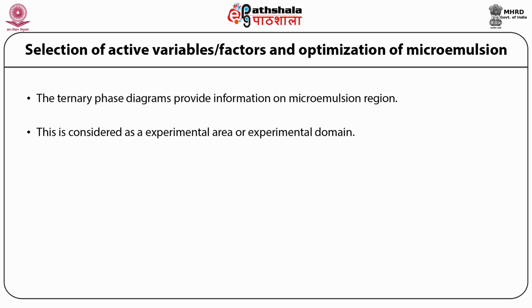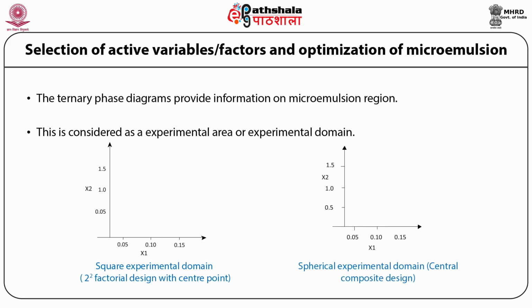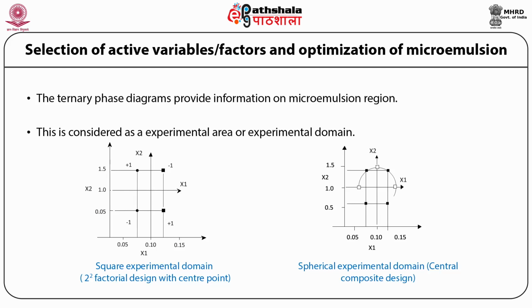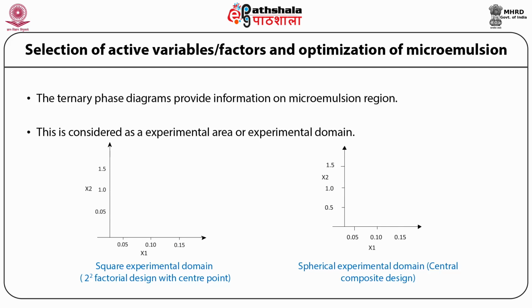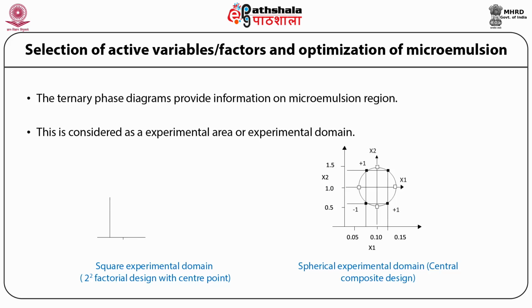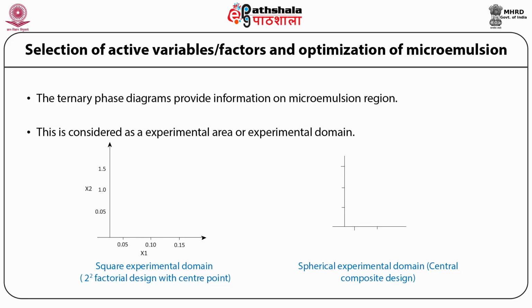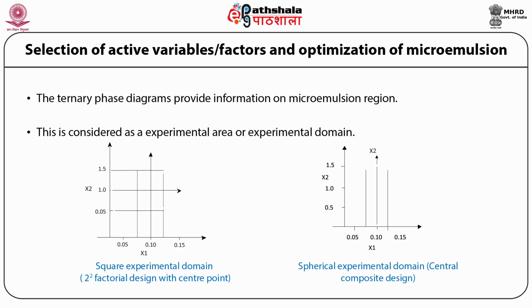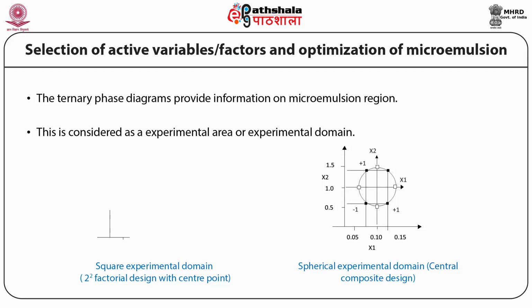Then different experimental domains are developed depending upon the experimental design, that is a square experimental design or a spherical experimental design such as central composite design, and accordingly we select the factors, that is the dependent variables, such as particle size, drug entrapment efficiency, etc. These independent and dependent factors are compared with each other using computer software.